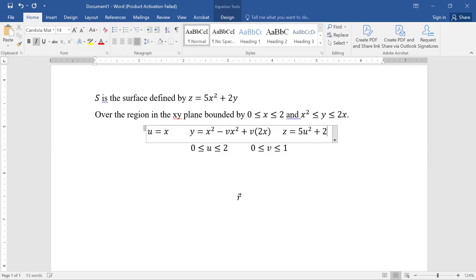But when you take plus 2y, when you substitute out for y, you're going to have this expression. You're going to have x squared minus v times x squared plus v times 2x. I'm going to write 2 times v times x there. I'll multiply that out.